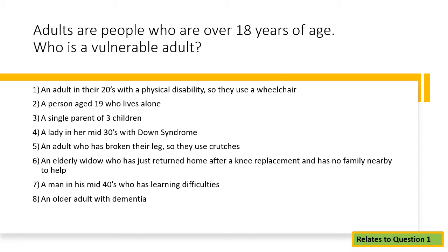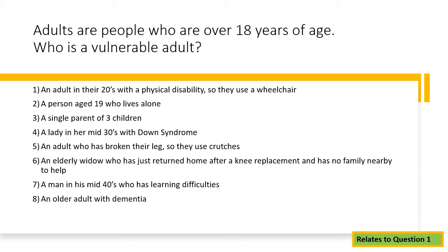The first one is an adult in their 20s with a physical disability, so they use a wheelchair. The second one, a person aged 19 who lives alone. The third one is a single parent of 3 children. Number 4, a lady in her mid-30s with Down syndrome.